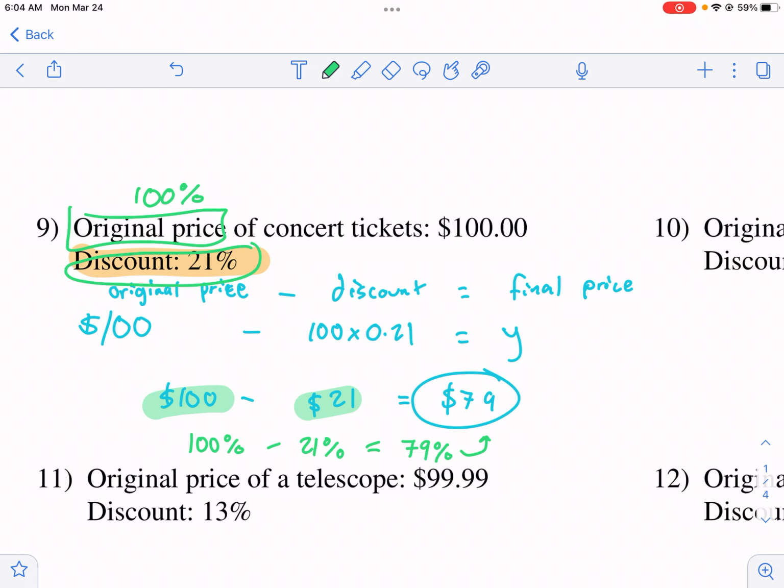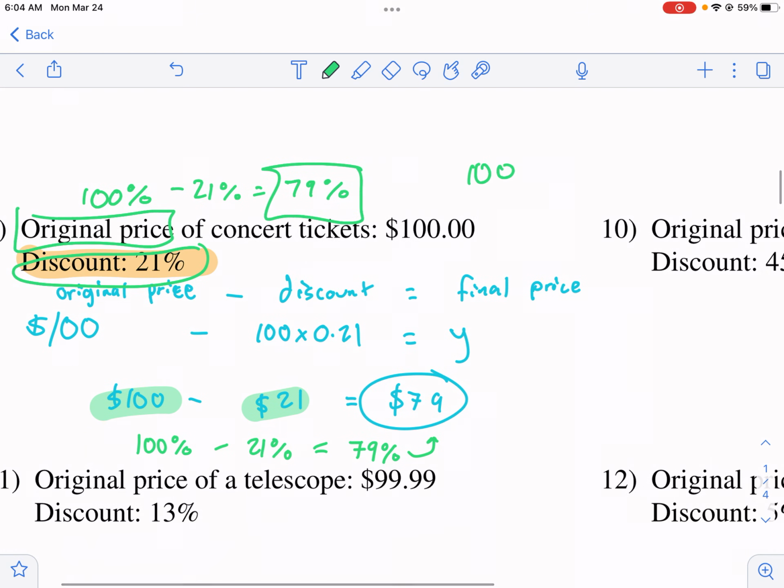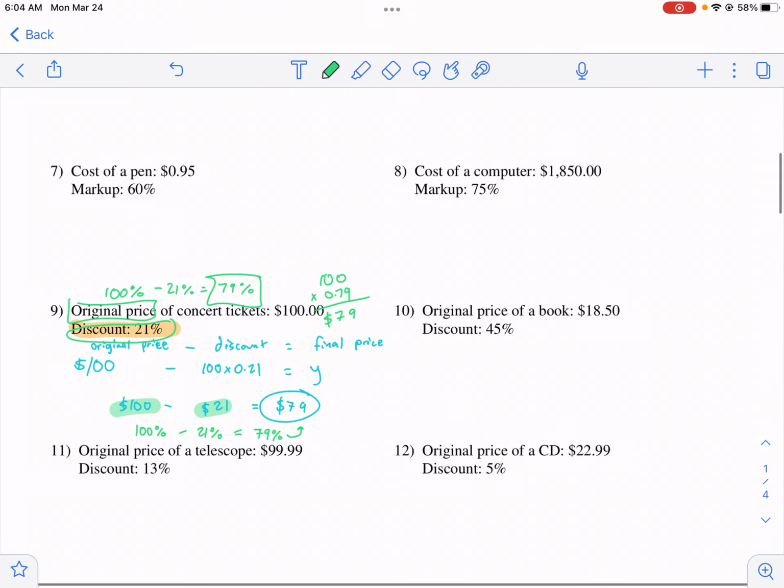There was no discount, there was no markup, it's just what it was. But since we're discounting it, we subtract that 21% and we get 79%, and that's what we end up paying. So the shortcut is we take 100, we multiply it by 0.79, and that's going to give us our answer in one step instead of doing this addition or subtraction before.